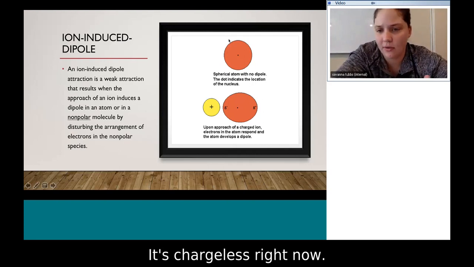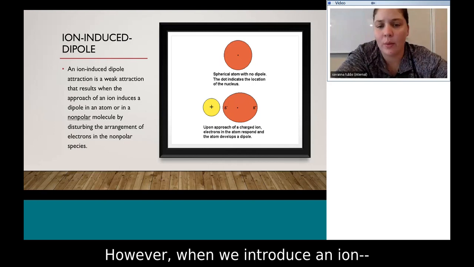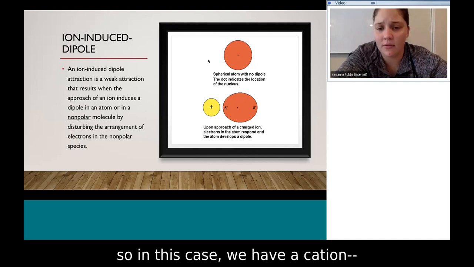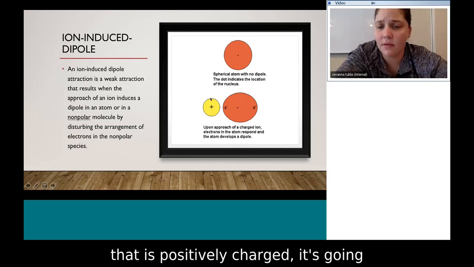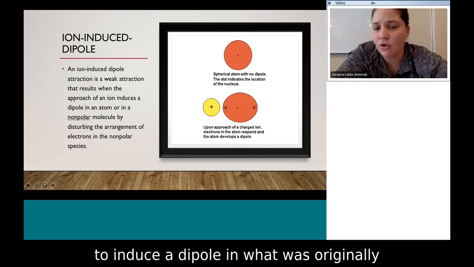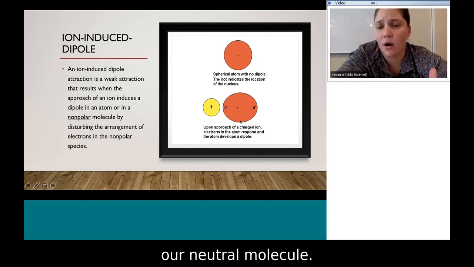It's chargeless right now. However, when we introduce an ion, so in this case we have a cation that is positively charged, it's going to induce a dipole in what was originally our neutral molecule.